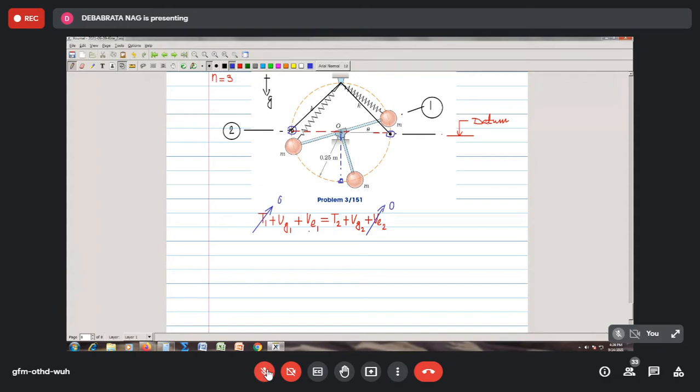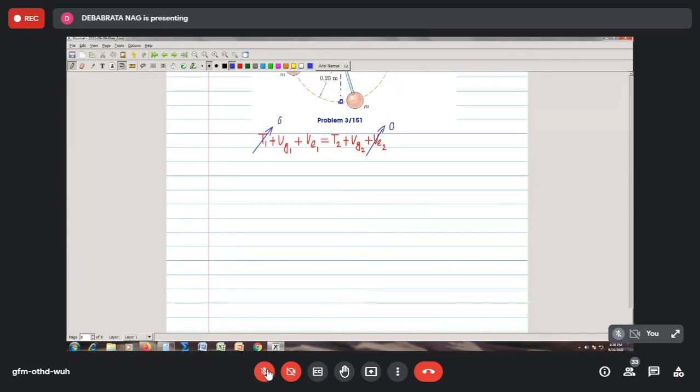Now we have a little task. What is that little task? Firstly, I reassemble my equation. It states that Vg1 plus V1, actually all are sums, V1 becomes equal to T2 plus Vg2.